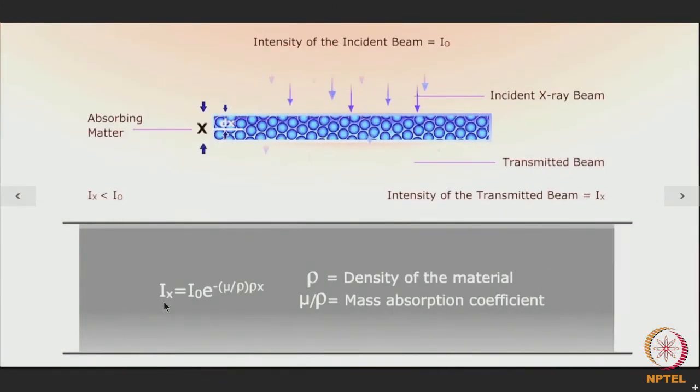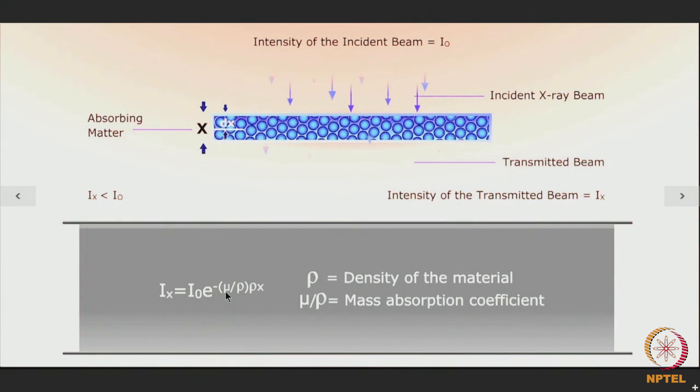Now, instead of writing e to the power minus mu x, we can also write it as e to the power minus mu by rho into rho x. Why do we do that? Rho is the density of the material, and mu by rho is known as the mass absorption coefficient of the material, whereas mu is known as the linear absorption coefficient.